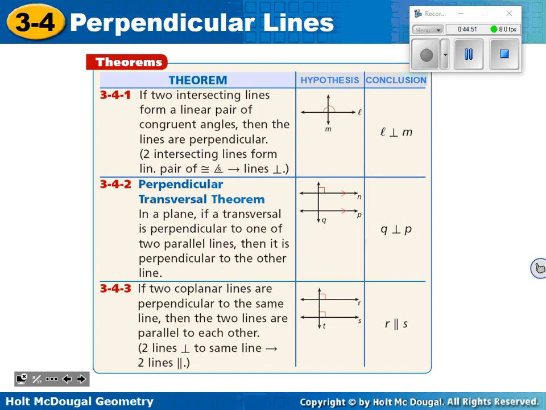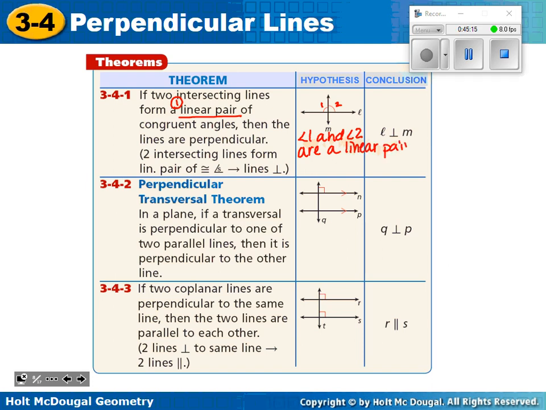Okay, so here's what's important. Number 1, you have to have a linear pair. So in your proof, again, they don't do a good job of showing this in the hypothesis part. In your proof, you would have to have, maybe these are numbered like 1 and 2, angle 1 and angle 2 are a linear pair.